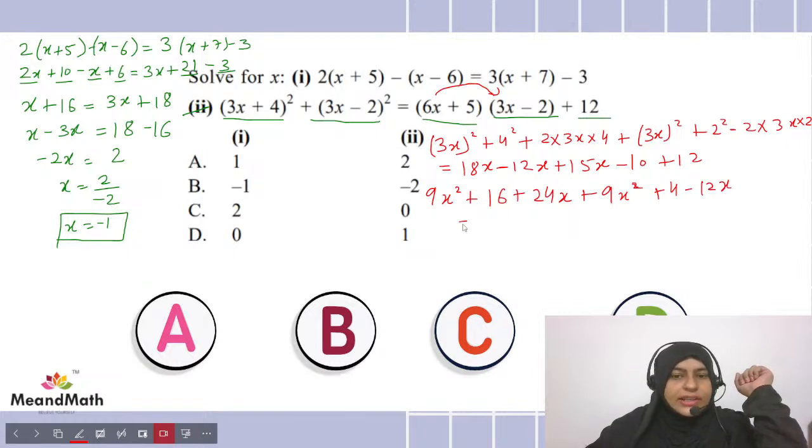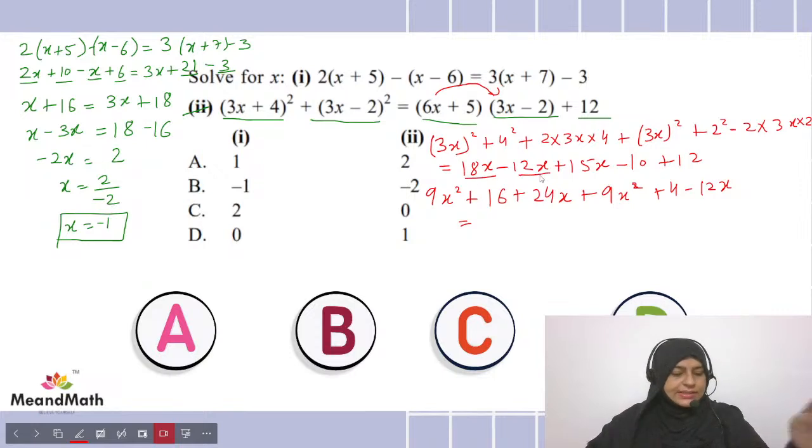Correct? On the right hand side, you can see 18x and 12x. So 18 minus 12, it is 6x and plus 15x and minus 10 plus 12, it is 2. Correct? Now we can solve it.